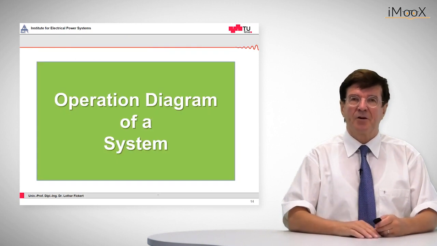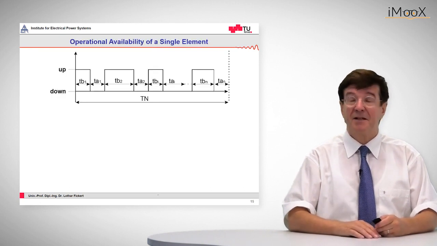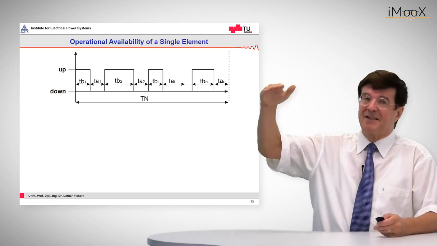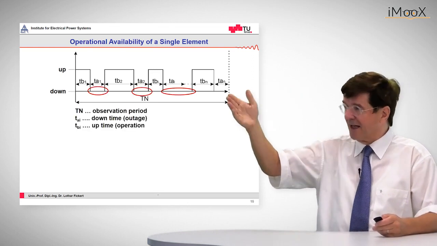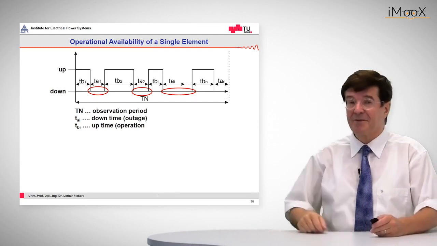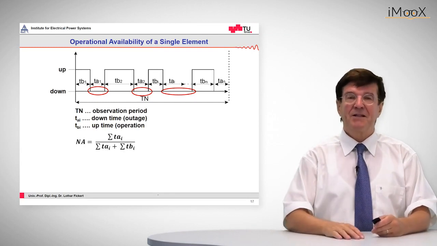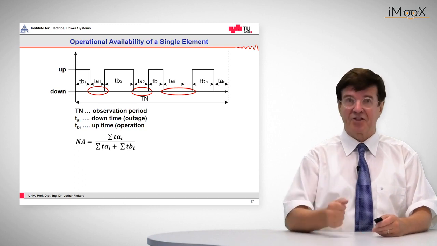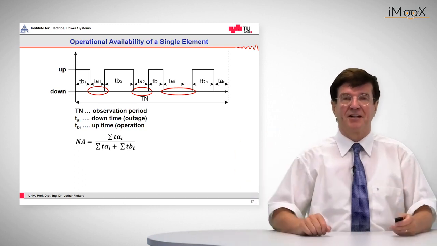So let's see what the operation diagram of a system is. A system is in operation, that is the up state, and sometimes it breaks down, as indicated in red circles, and this is the downtime. The non-availability is given by the total outage time divided by the whole observation time.